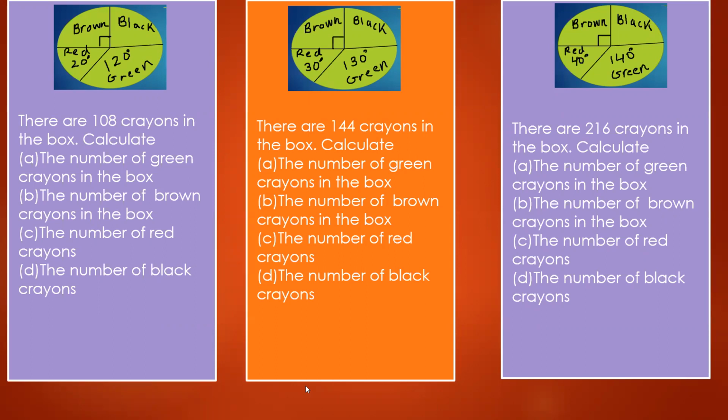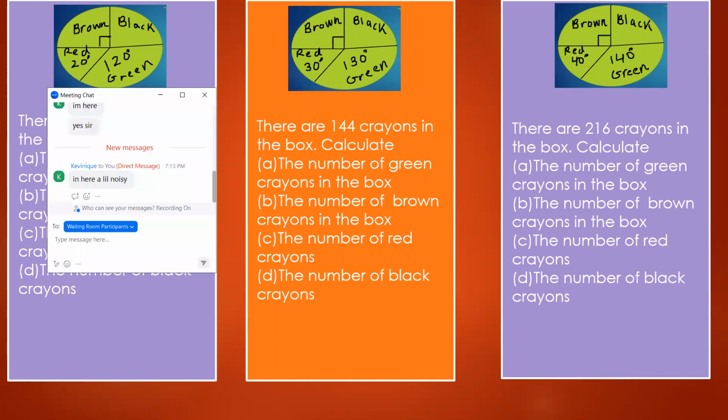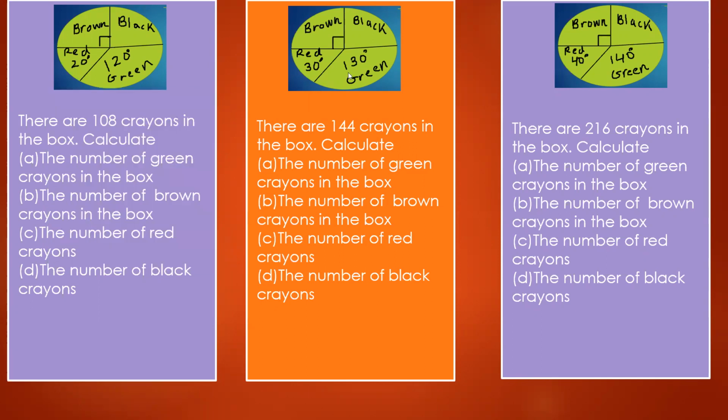Megan, are you there? There's Megan. Can you hear me? No, I can't hear you, Megan. Megan, what number you on? Number 2A? Megan, I don't have your notes. Please send your notes in, Megan.